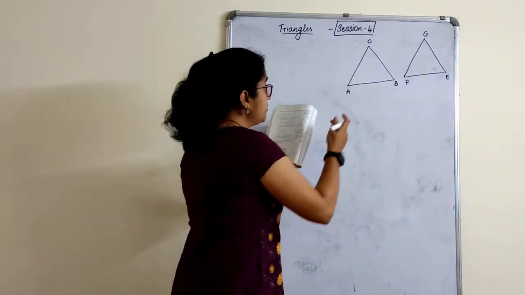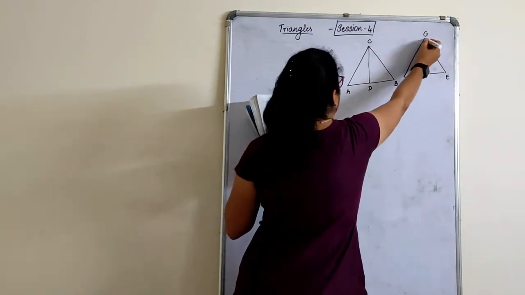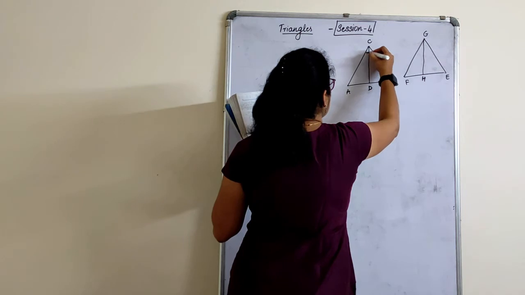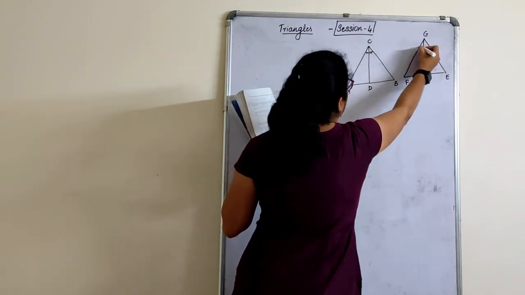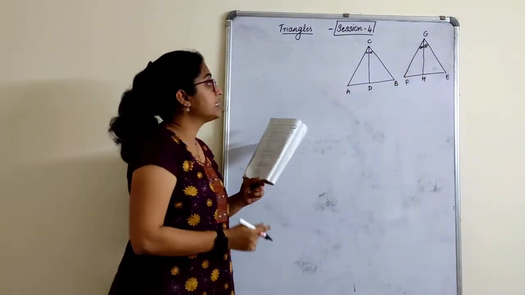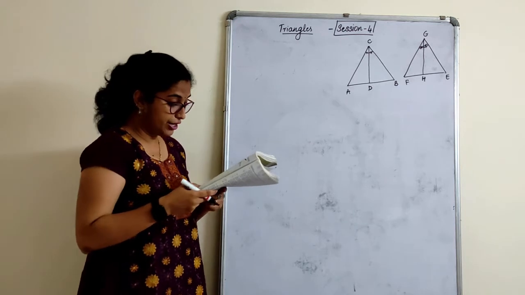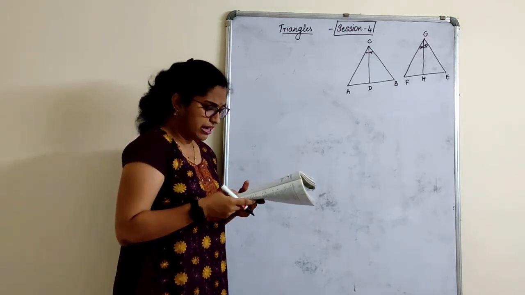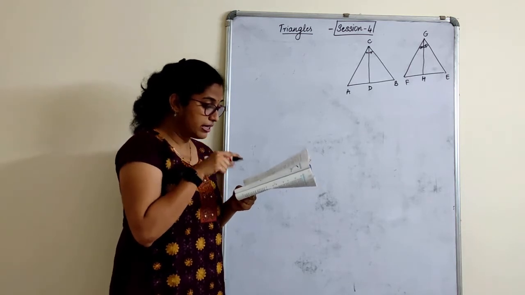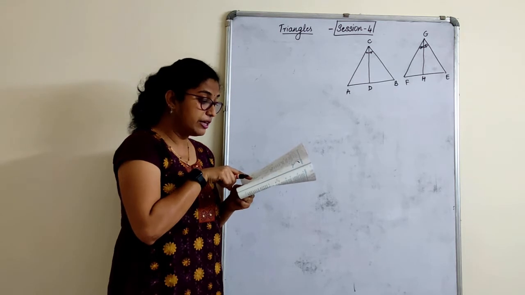CD and GH are the bisectors of angle ACB and EGF respectively. They have also mentioned that D and H lie on the sides of triangle ABC and EGF respectively.